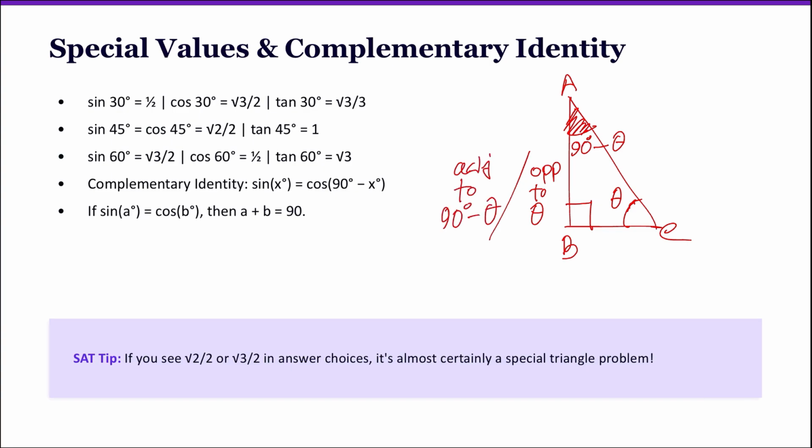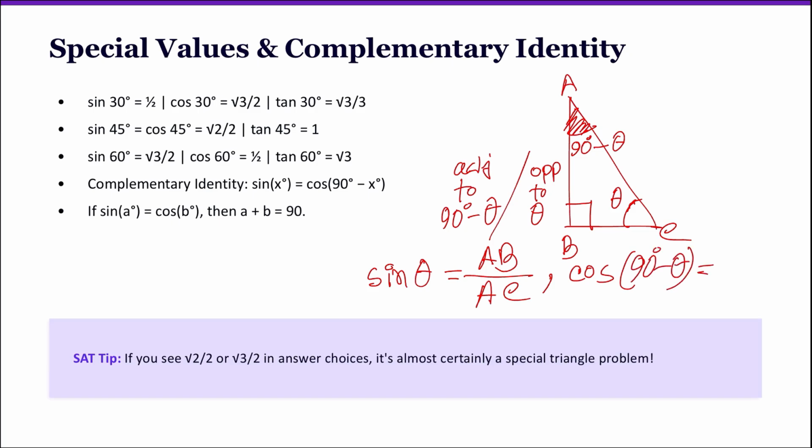And since in both cases, for both sine and cosine, you divide by hypotenuse, it ends up being that sine of theta is opposite to theta, AB, over the hypotenuse AC, and cosine of 90 minus theta is the adjacent side to 90 minus theta, which is also AB over AC.